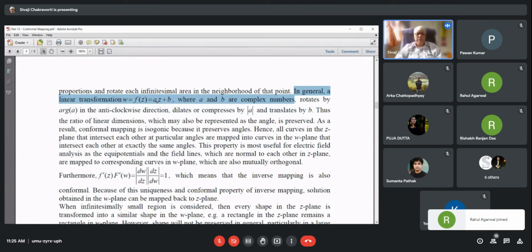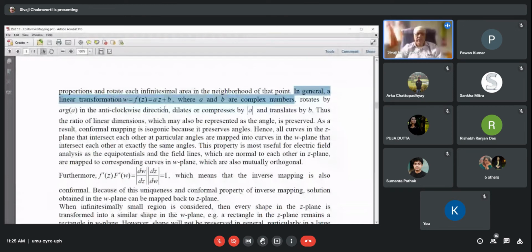And then a has an argument, which is nothing but an angle, so basically you are rotating z by the angle represented by the argument of a. Then b is also a complex number.